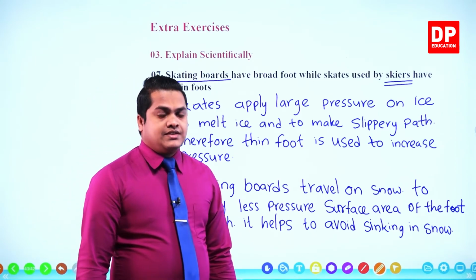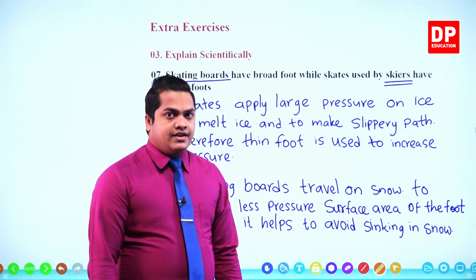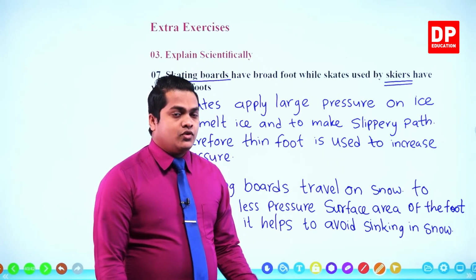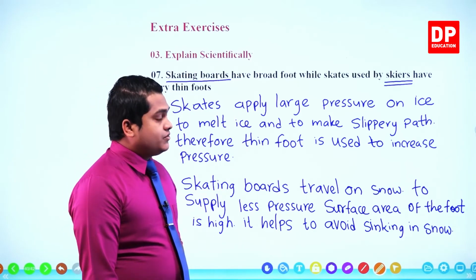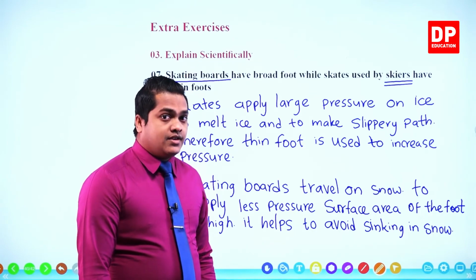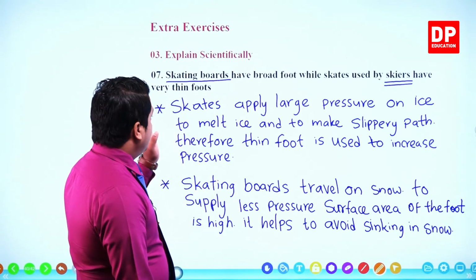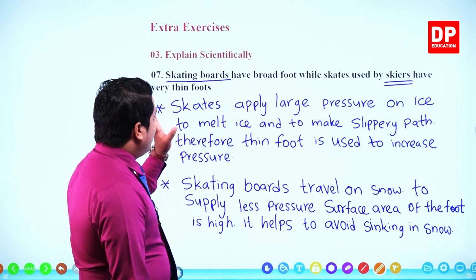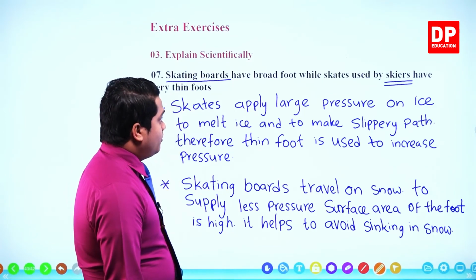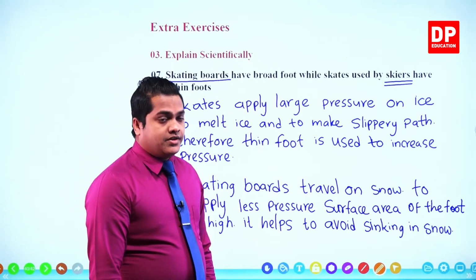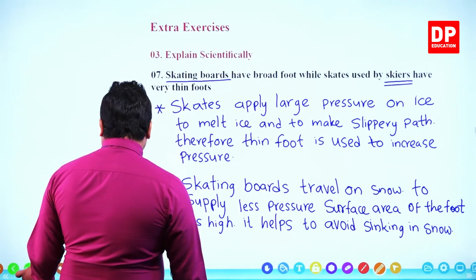So these are the explanations for using these two in two different occasions. Skiers use thin foot, but skating boards have broad foot. Then we'll go for the next question.